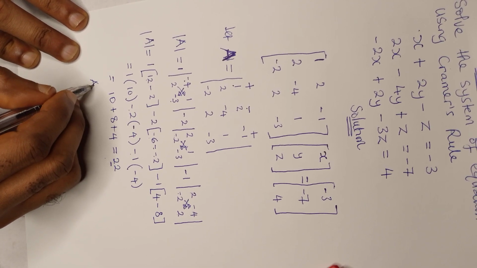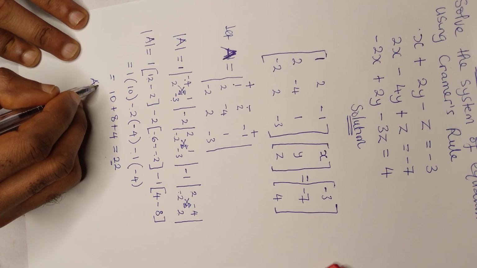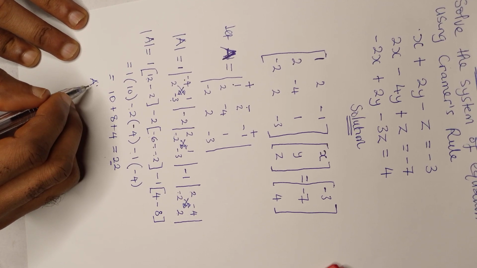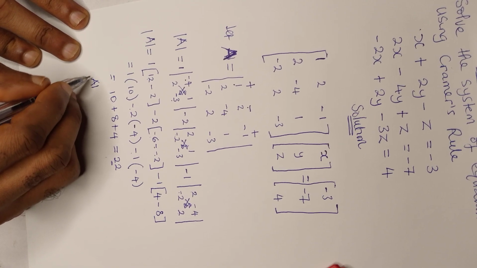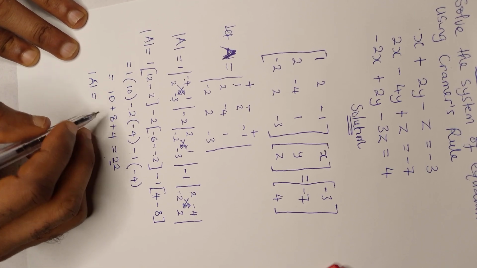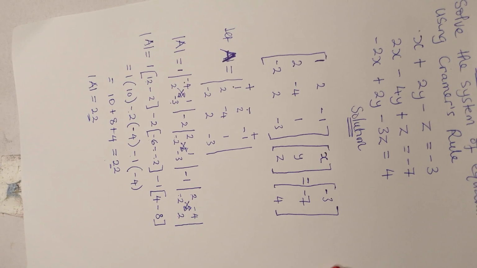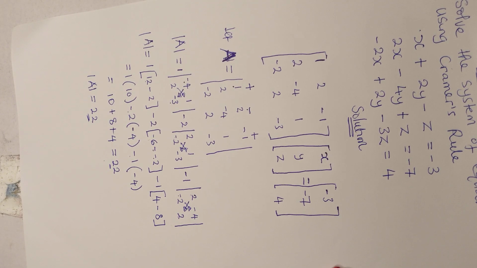So it means the determinant of this matrix is 22. So that's the determinant of that matrix. So it's 22.